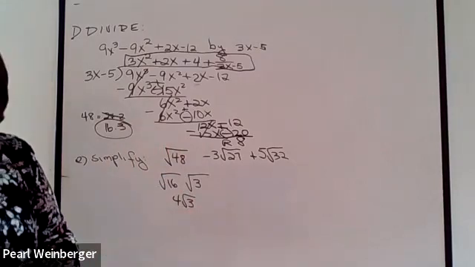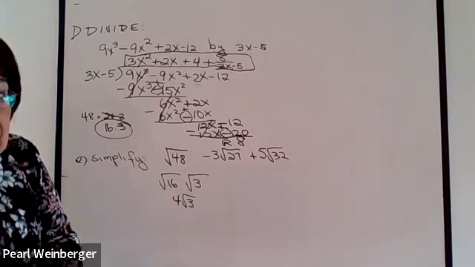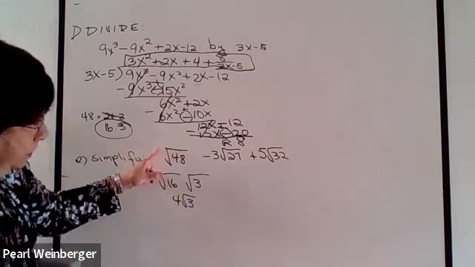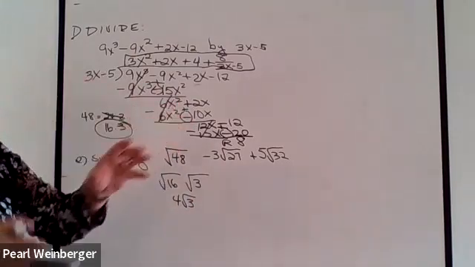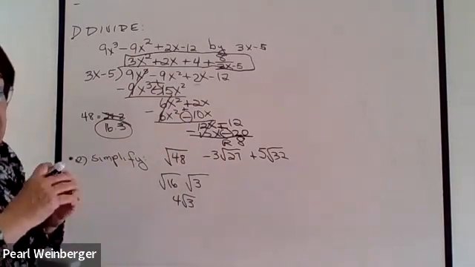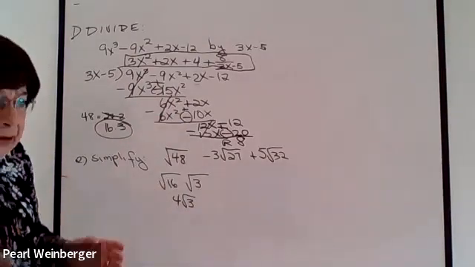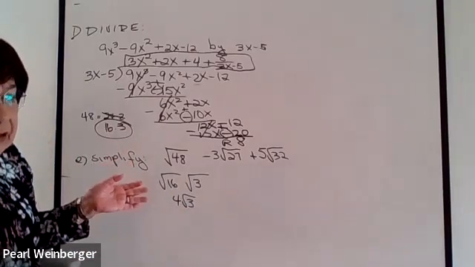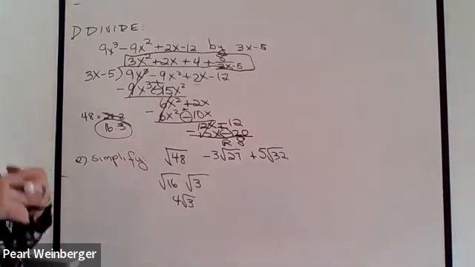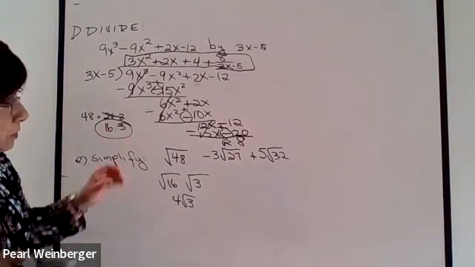If you don't believe that they're exactly the same value, you can just do it on your calculator. Press your square root button, put in 48, and you'll get an answer with a long decimal. It'll fill up the whole calculator. If your calculator has 10 positions, it'll fill up all 10 positions. If you have a calculator that has 100 positions, it'll fill up all 100 positions.